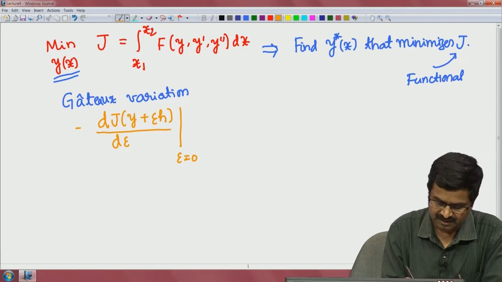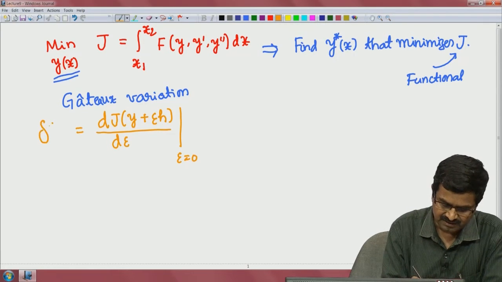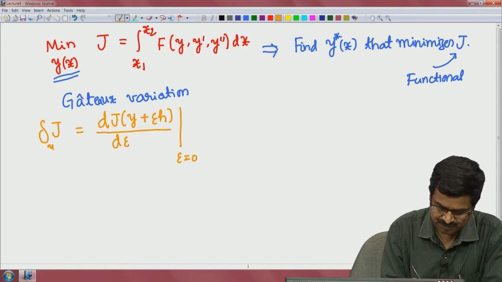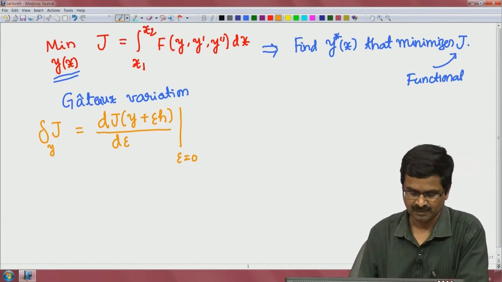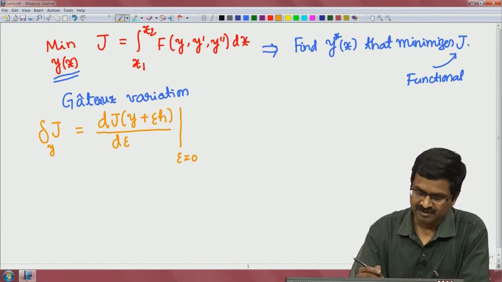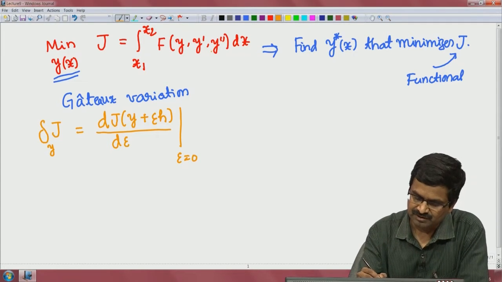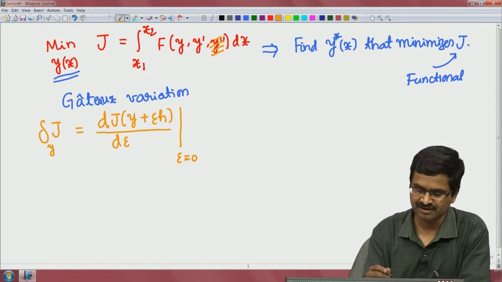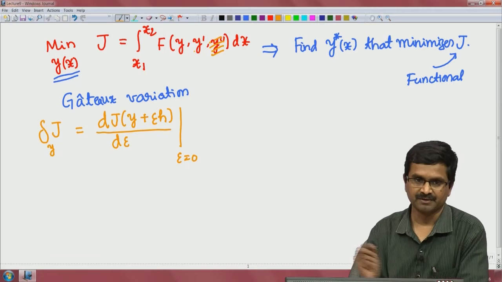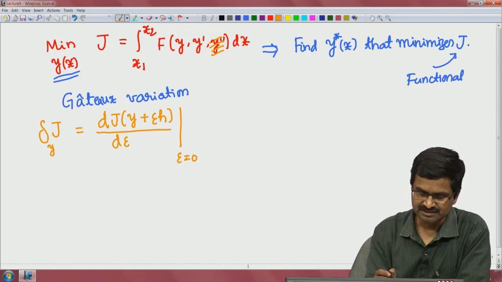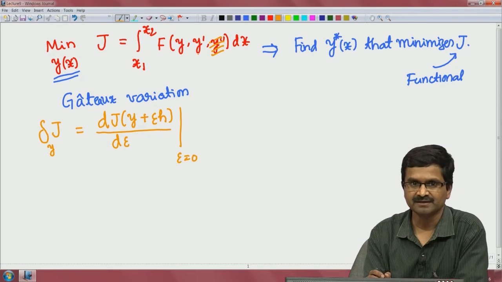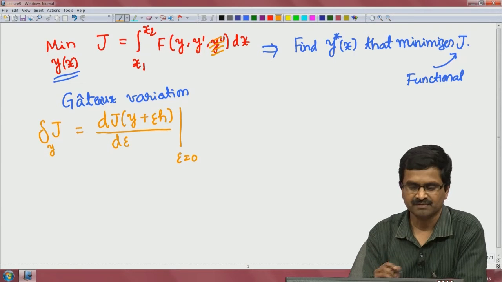If we do that, then we get the variation of J with respect to y. Okay. To begin with, we will do this without considering the y double prime. Later we will consider it, we will take only y and y prime. Okay. So, we have a functional J whose integrand depends on y and y prime.